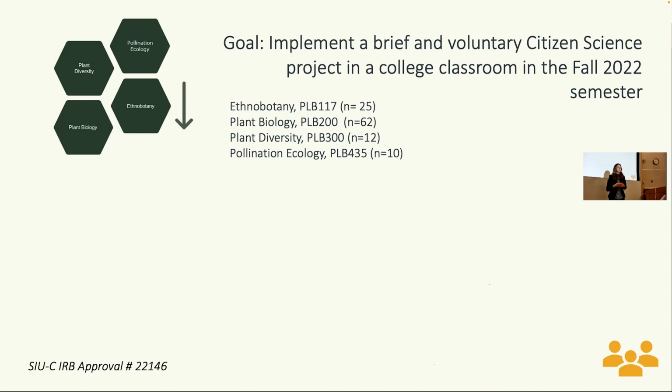I did this with the cooperation of the professors of the classes, obviously, and then with the approval of the internal review board here at SIU. Generally, all of these classes have scientific observation as part of their core curricula. And so it seemed pretty natural to employ a citizen science project there that was promoting these skills.